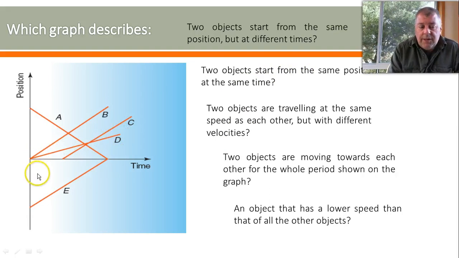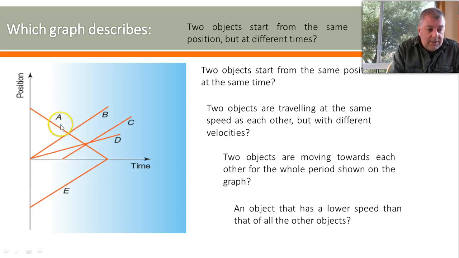Two objects are travelling at the same speed as each other, but with different velocities. Now that means they would have the same degree of slope, but because they're different velocities, one must be positive and one must be negative. Tricky.